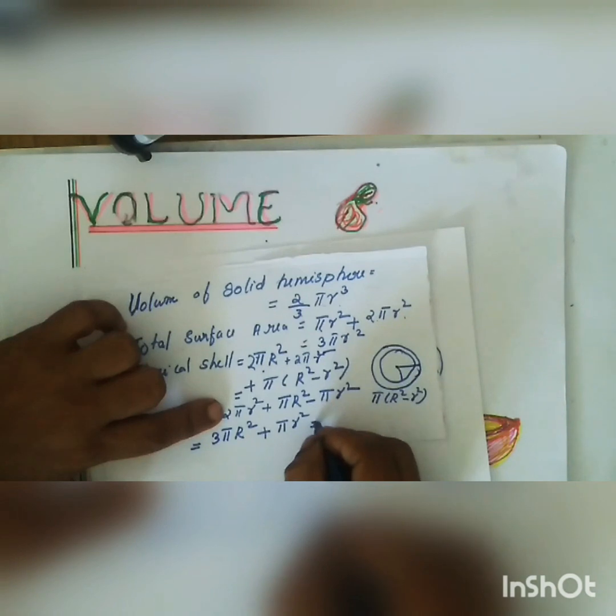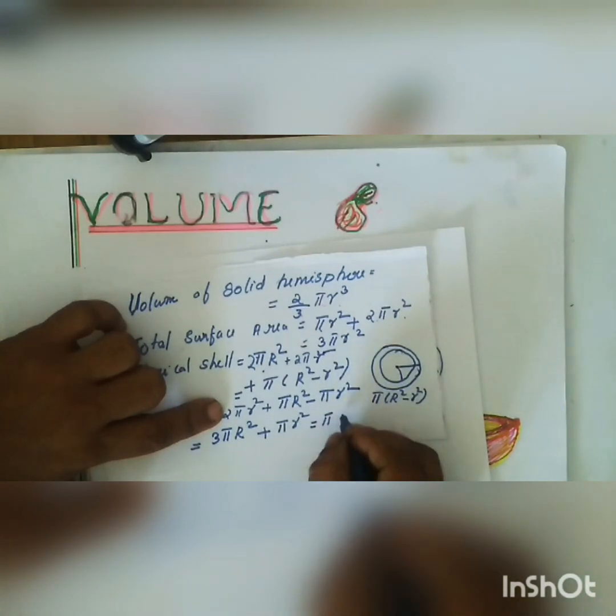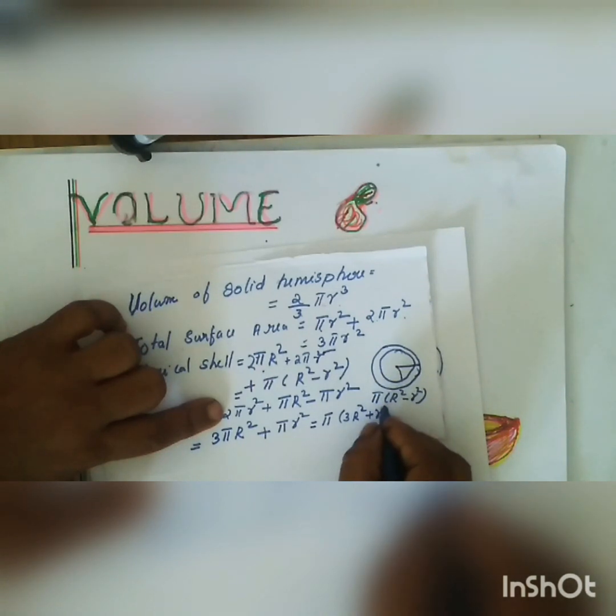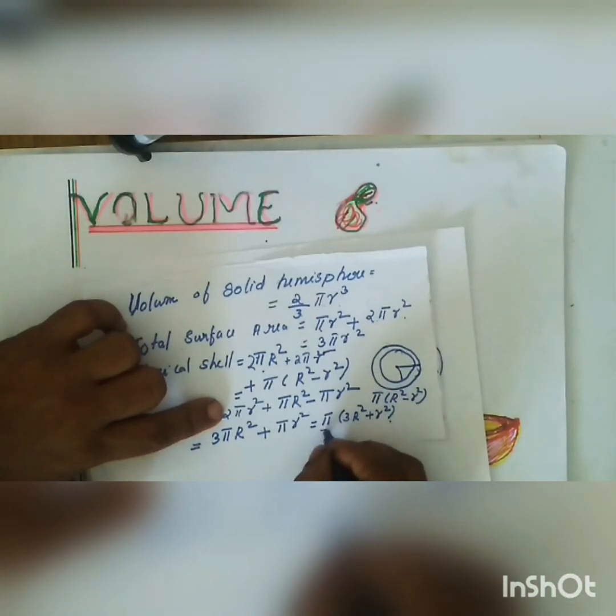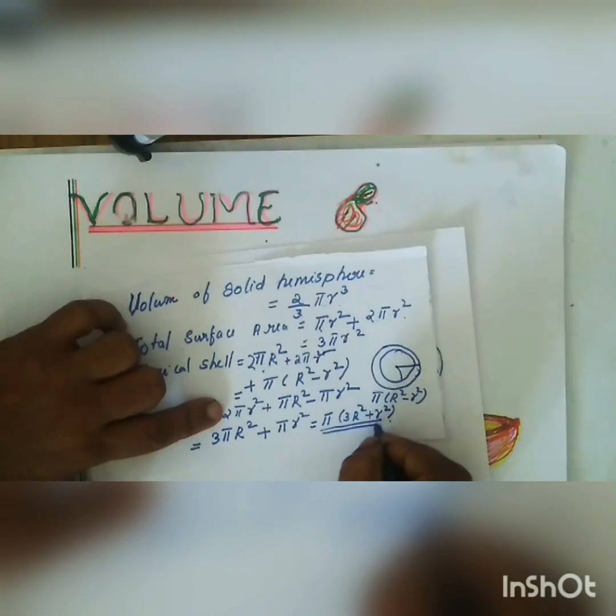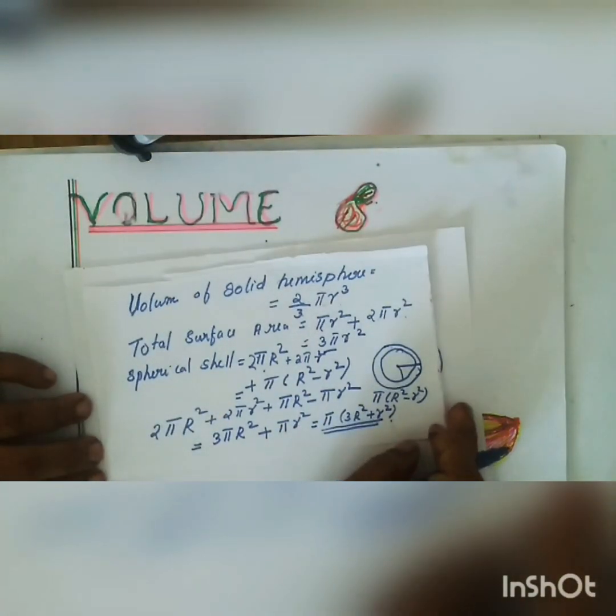And pi into 3 R square plus r square. This is the total surface area of a spherical shell.